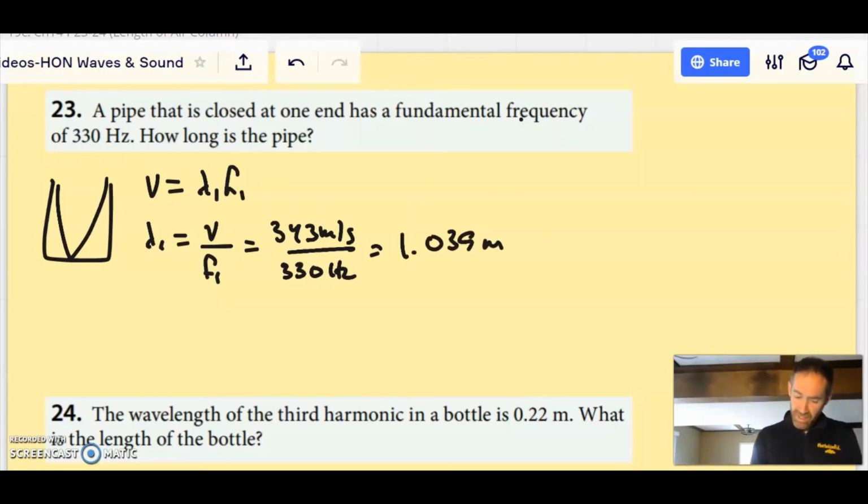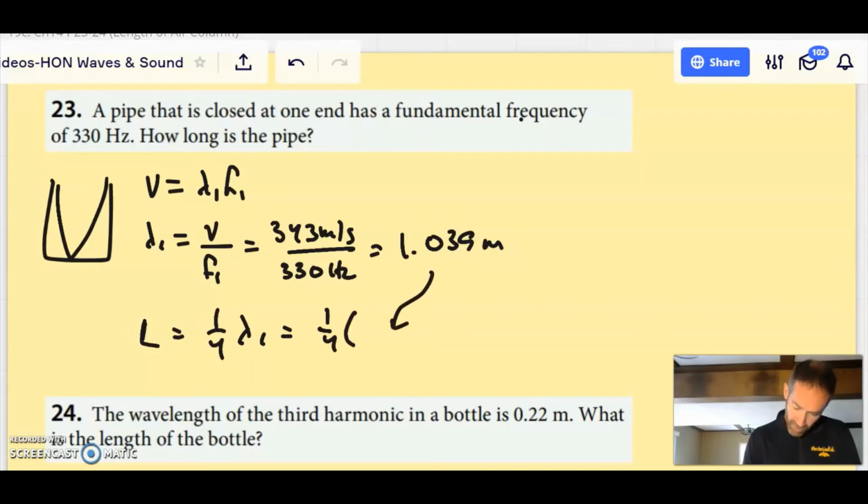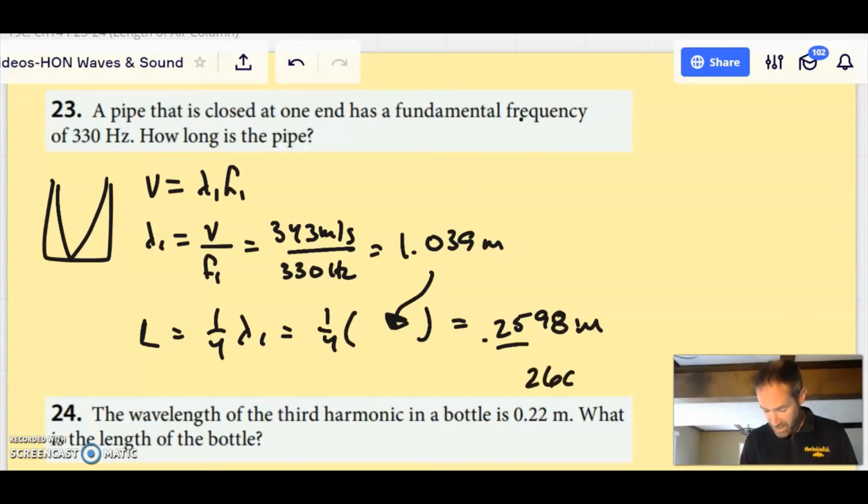Now, this is much longer than the actual answer, because this is the wavelength, and I want the length of the pipe. And we know that the length of the pipe is 1/4 of that fundamental wavelength. So 1/4 of the 1.039 is going to be 0.2598 meters. How about 26 centimeters?